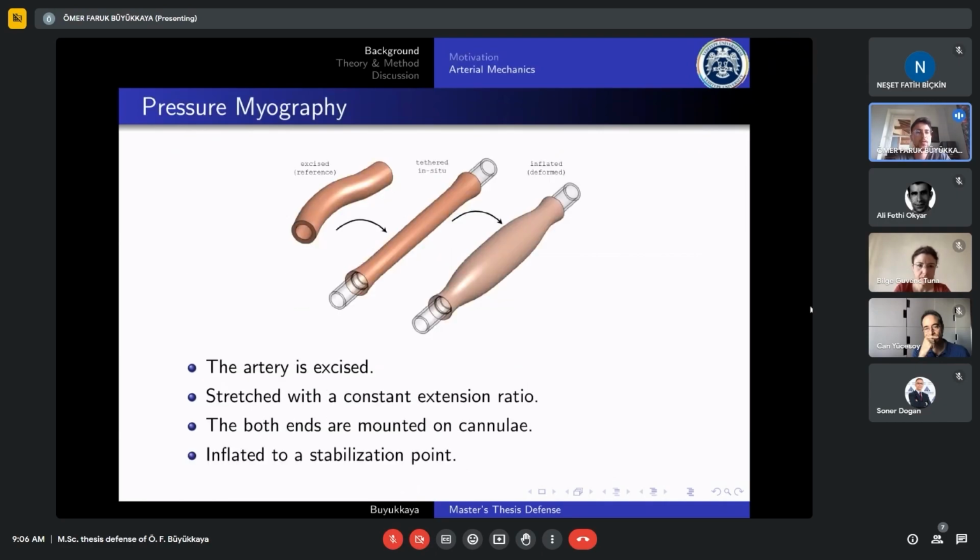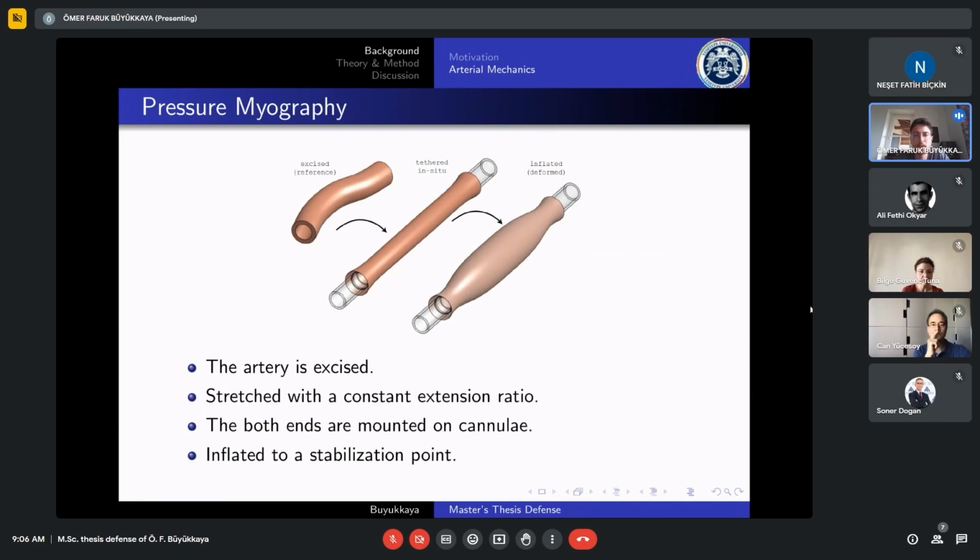The states of the artery come from the experiment performed, which is pressure myography. This also constitutes the configuration points in our formulation. When the artery is first excised, it is said to be in the reference configuration. Then it is stretched with a constant extension ratio and mounted on an opposing cannula. It is in the tethered state.